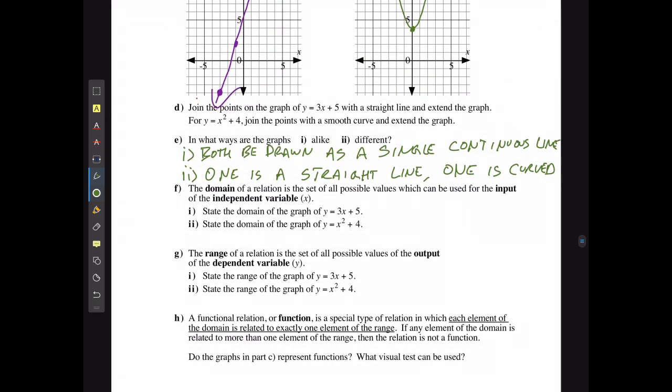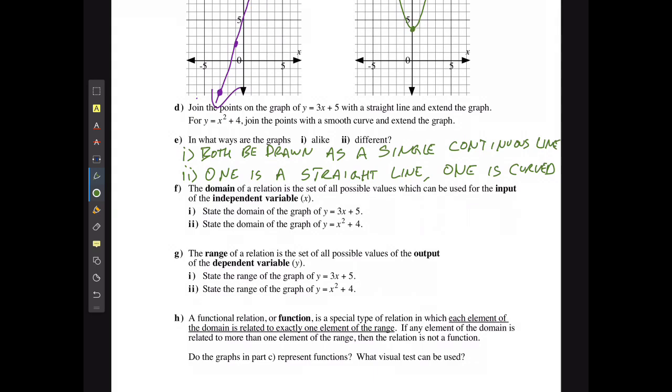The domain of a relation is a set of every possible value which can be used for the input or x value. So any value that I would be allowed to use for x or that shows up for x on the graph is going to be part of the domain.